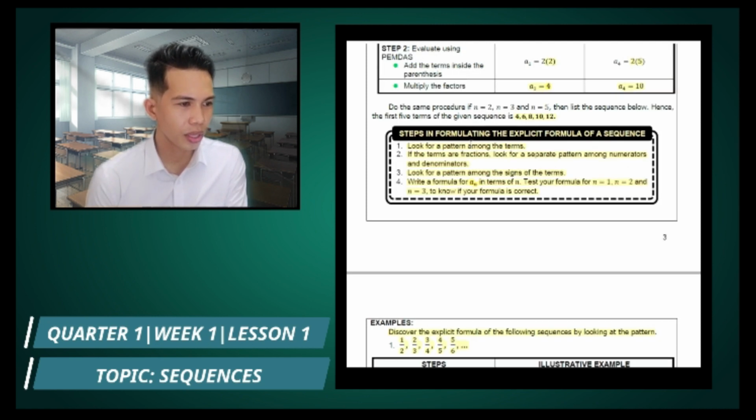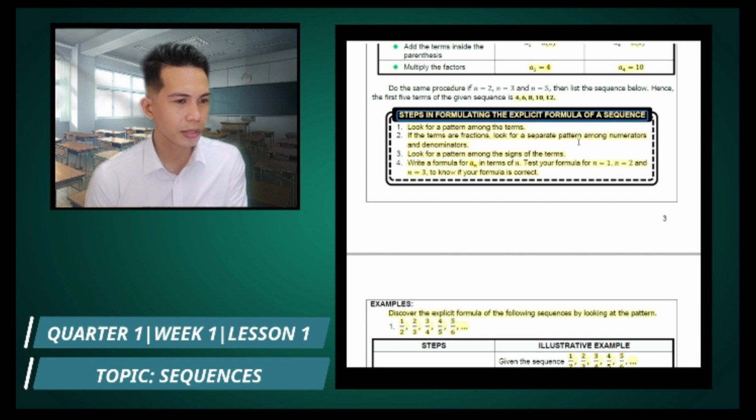Next is we are going to formulate the explicit formula of a sequence. So, the other way around. Given a pattern, we are going to formulate the explicit formula. So we have step number 1, look for a pattern among the terms. And then for number 2, if the terms are fractions, look for a separate pattern among numerators and denominators.